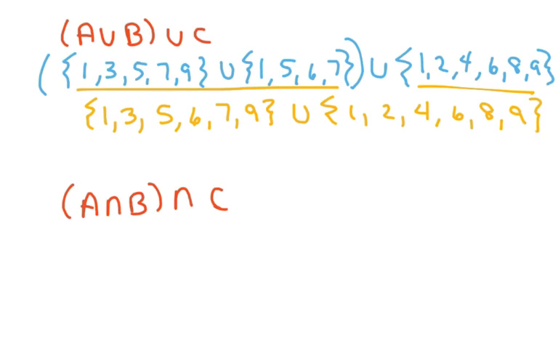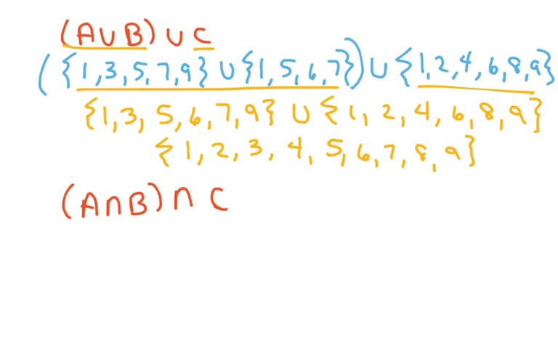And then you just unite it again, so it's all the numbers. Unite means whatever's in this or both, so it's everything. So you get 1, 2, 3, 4, 5, 6, 7, 8, and 9.